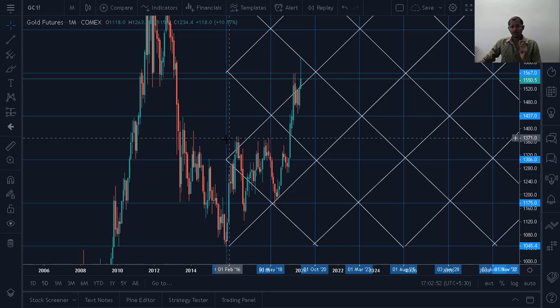Also, if 81 is breached, then the market will be aiming for 90. 90 is an important turning point. 360 by 4 is 90. 90 is important because 9 plus 0 equals 9. 9 is an important number in mathematics itself. 9 is a different number. So this square is really important. Please take note of it and trade accordingly.